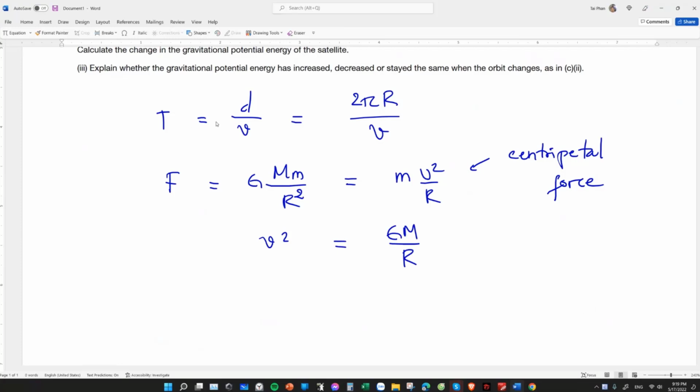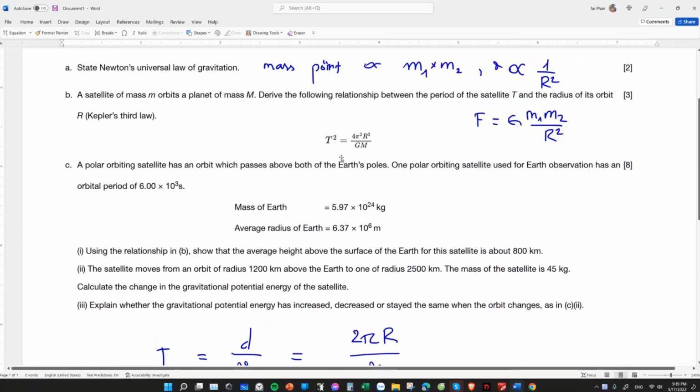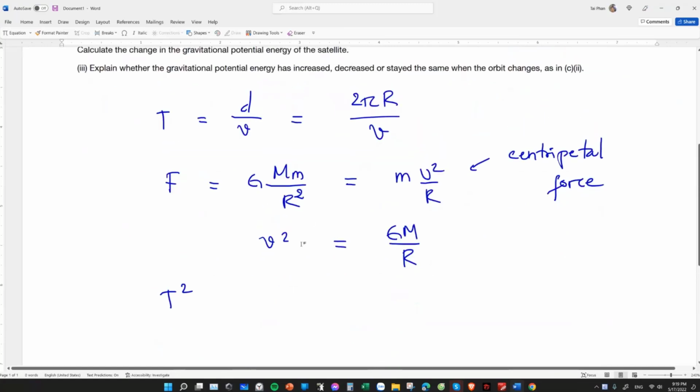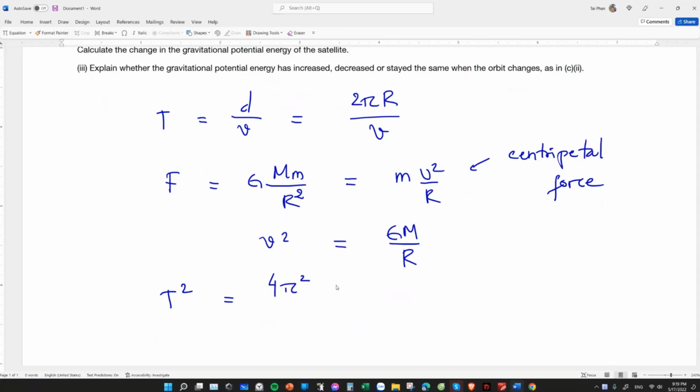From the first equation, if we square both sides to get a similar form, T squared will be equal to 4 pi squared r squared over v squared. Then put the v squared into the last equation: 4 pi squared r squared over G M over r.